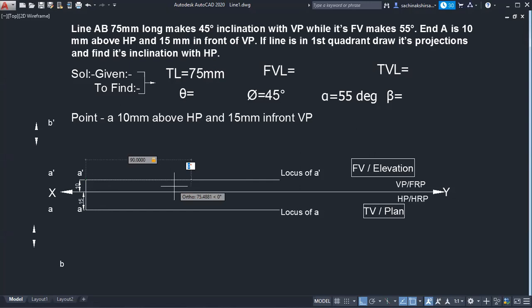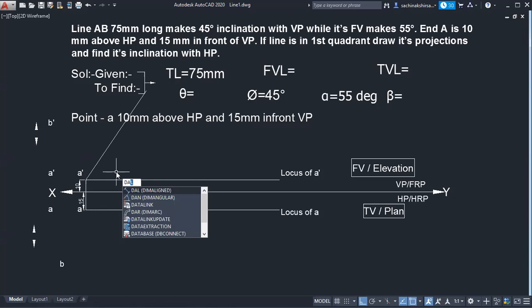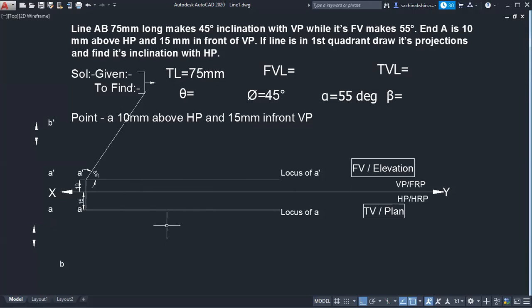It will go somewhere like this. So this angle I have to give first. Something like this. How much is it? 55. This angle is 55.